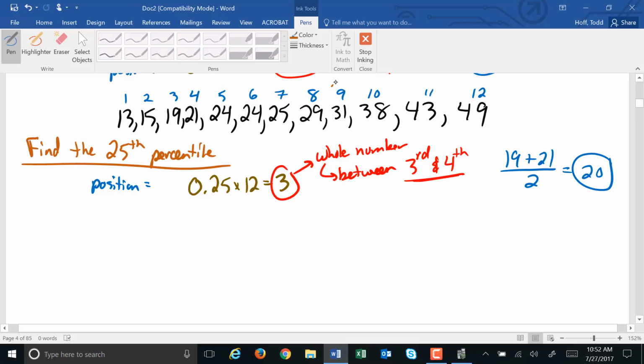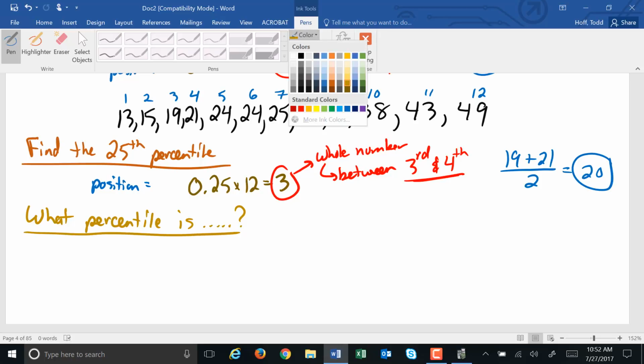Now, another type of question we can run into is, what percentile is a certain number?